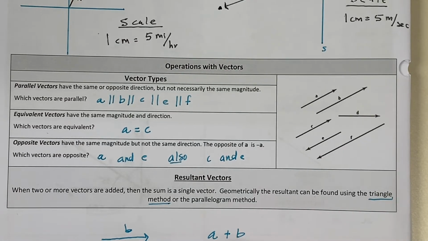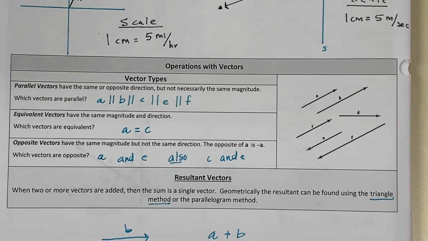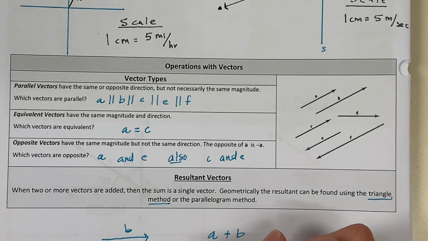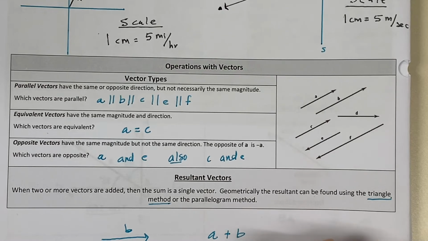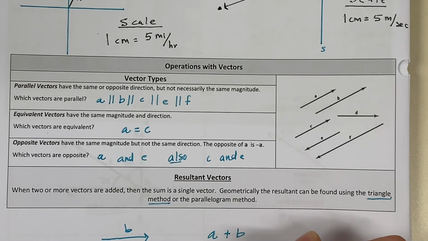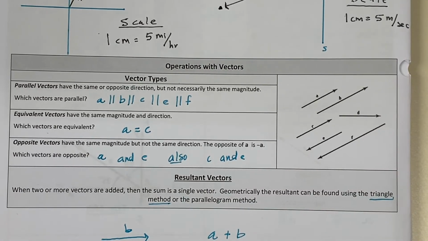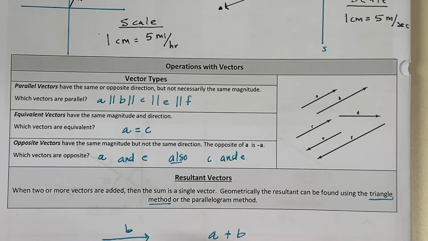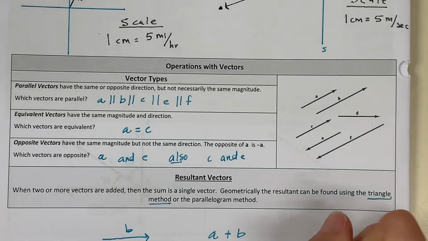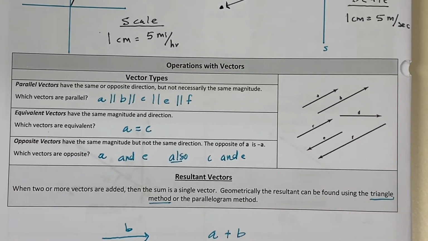So vector A would come first. So here's vector A. And I would move vector B so that the tail of B hits the tip of A, and I would draw vector B. Okay. So what's happening is vector A starts down here and vector B ends up here.